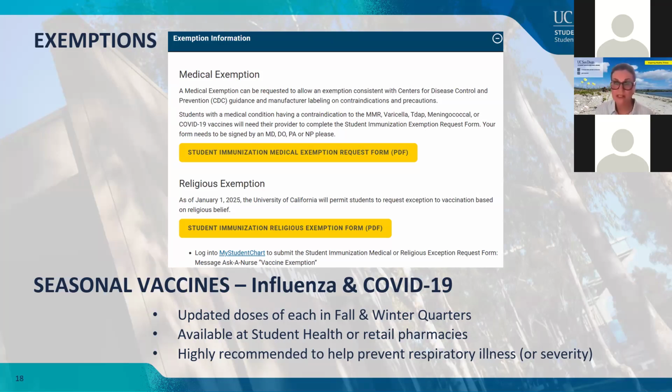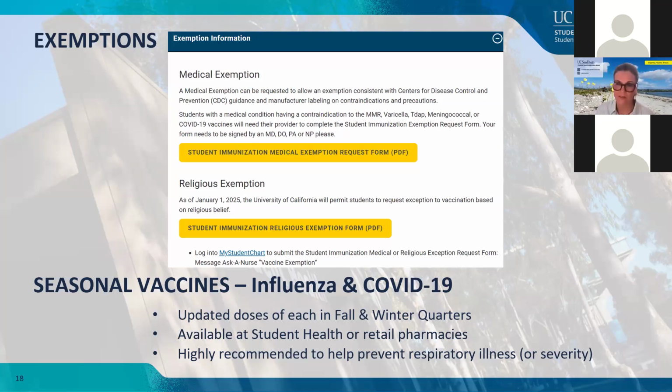And then we have some seasonal vaccines that are highly recommended to help prevent respiratory illness or the severity of those illnesses, and they include influenza and COVID-19. Living and studying on campuses means that you are exposed to a lot of different respiratory illnesses, so whatever you can prevent is really useful.